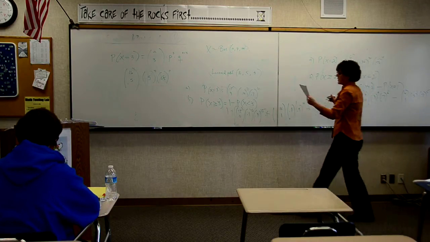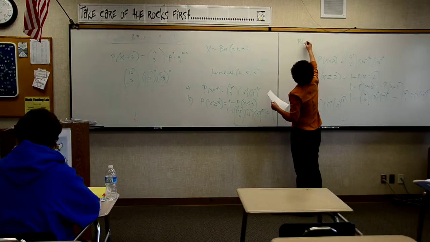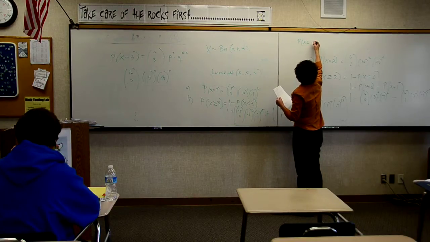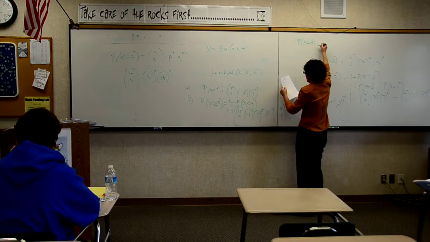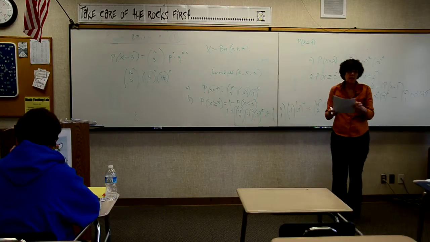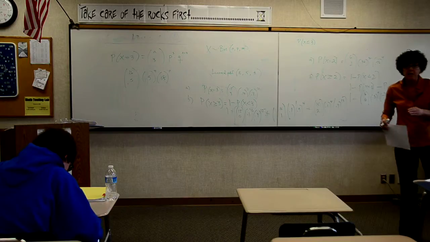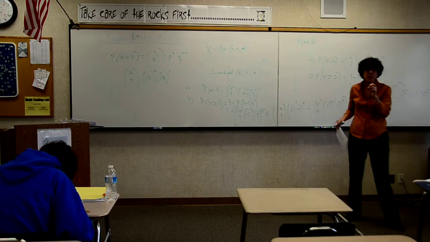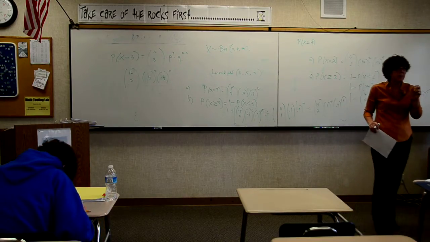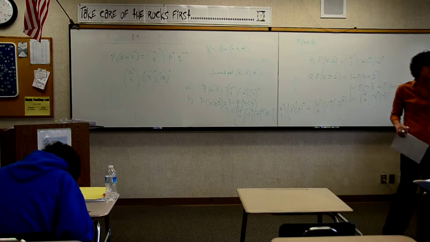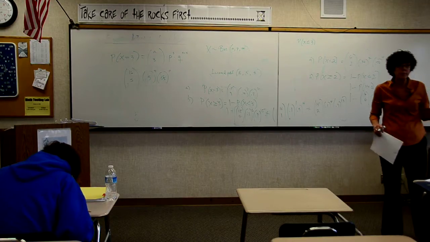All right, so if it said find the probability that X is less than or equal to 3, I use binomial CDF on my calculator. PDF stands for discrete probability. CDF stands for continuous. So that means you're doing more than one.